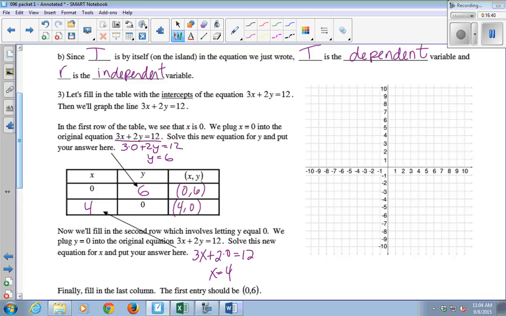If I plot them, I've got (0, 6). That's my vertical intercept, also called the y-intercept. And then I plot (4, 0). That's right here on the x-axis. It's called an x-intercept, or the horizontal intercept if your variable is not x, but t or whatever. So then we can connect those with a straight line, and we've got it graphed.